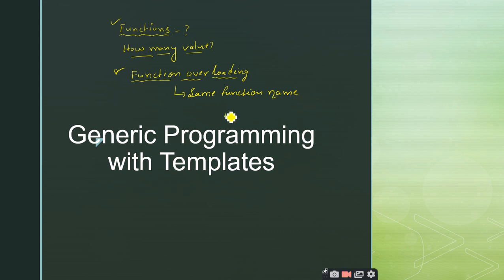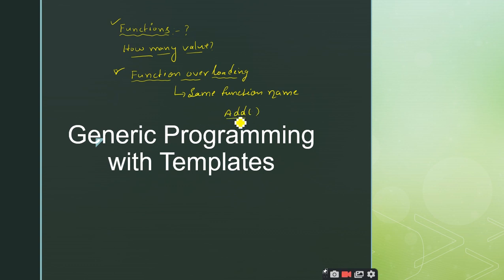So for example, if I take add as the function name, this add function can be used to add two integers. Similarly, the same add function can be used to add two floating point numbers, or the same add function can be used to add two strings.